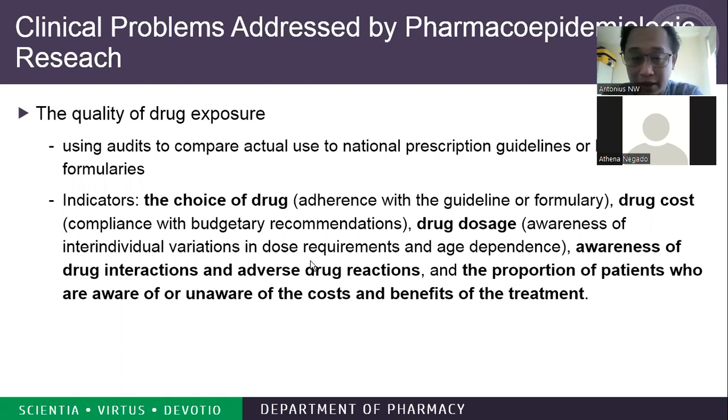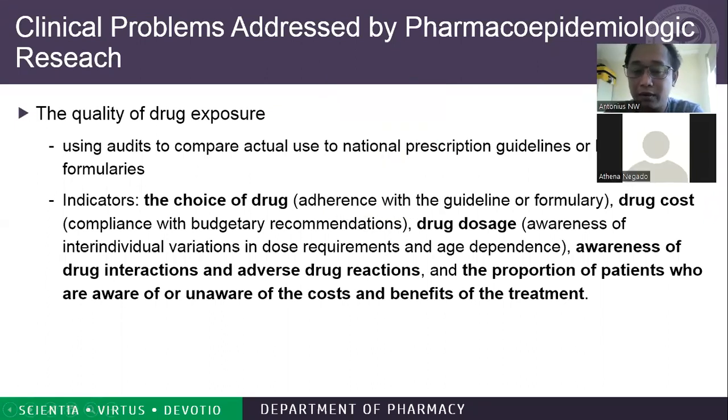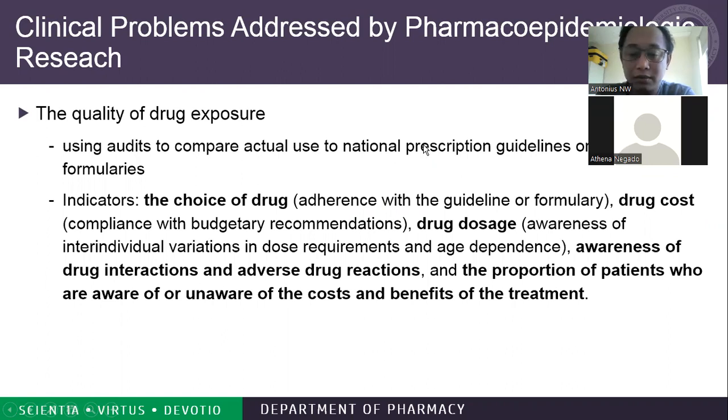We remember that drug interactions are also part of adverse drug reactions. Okay, and then the proportions of patients who are aware or unaware of the costs and benefits of that treatment.